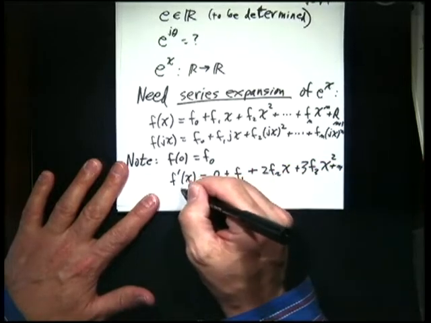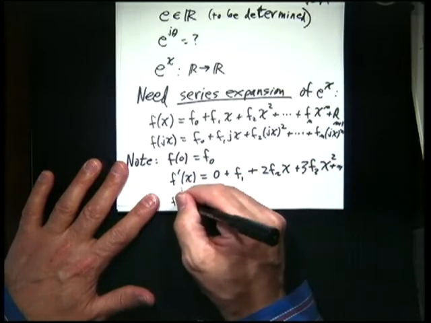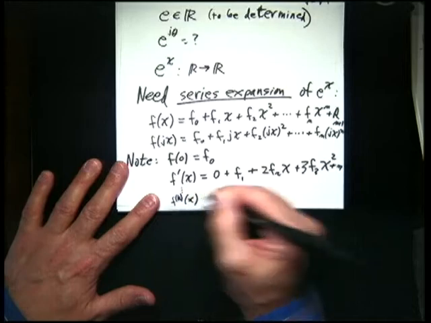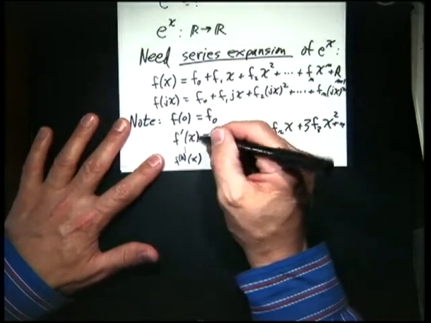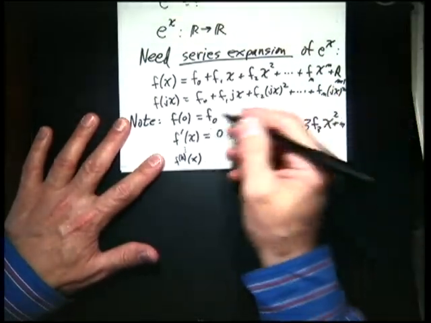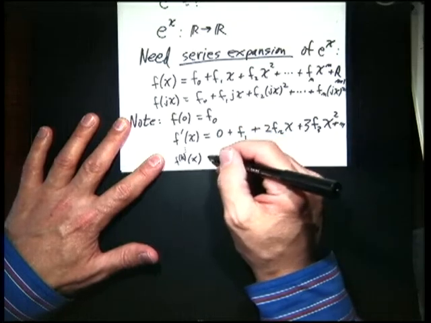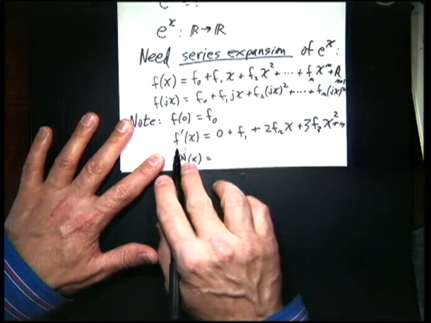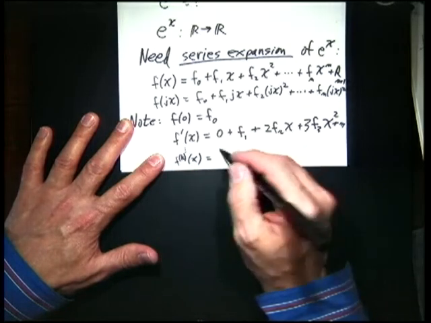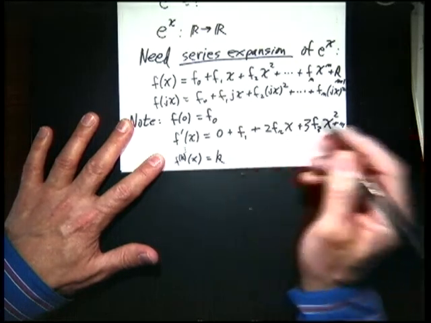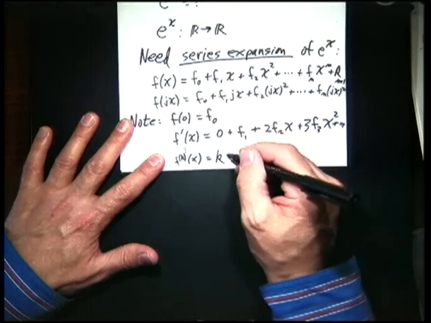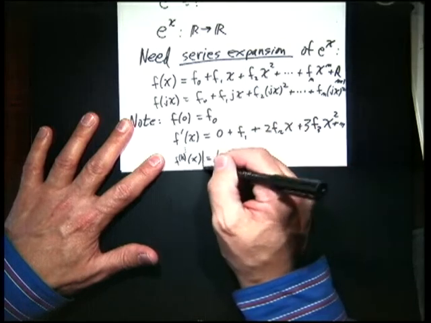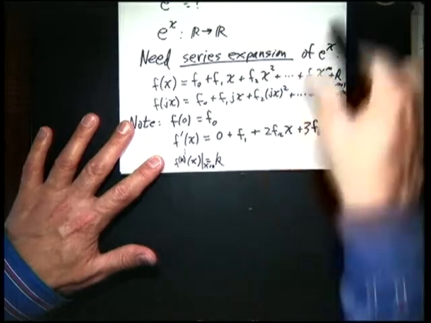And then more generally, let me look at the kth derivative of f. You can see it generalizing from here. It's going to be k factorial, and I want to take this at x equals 0.